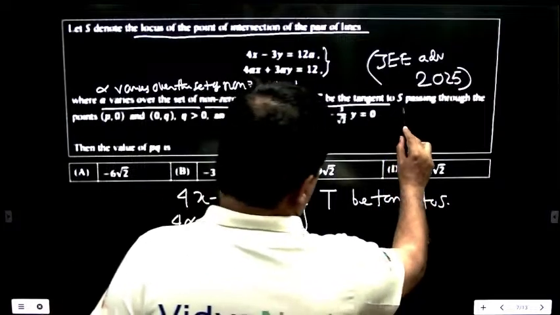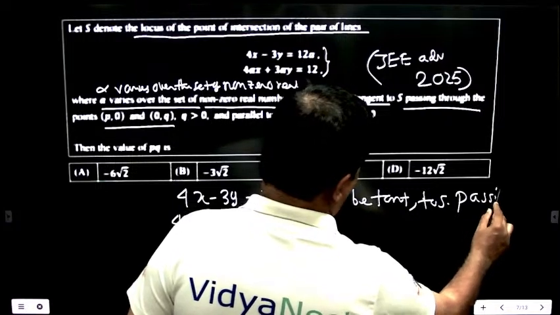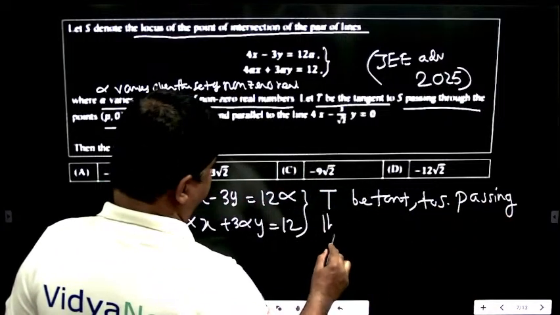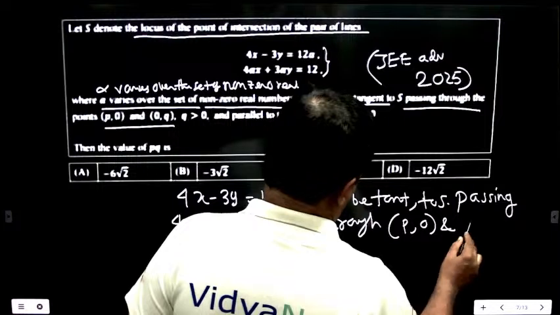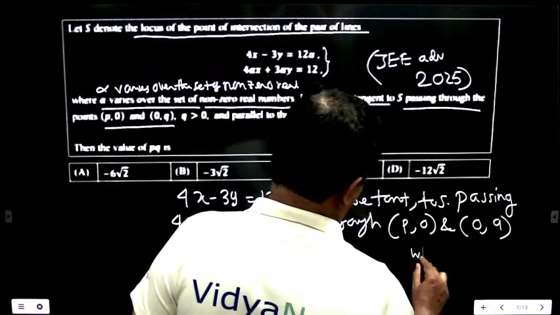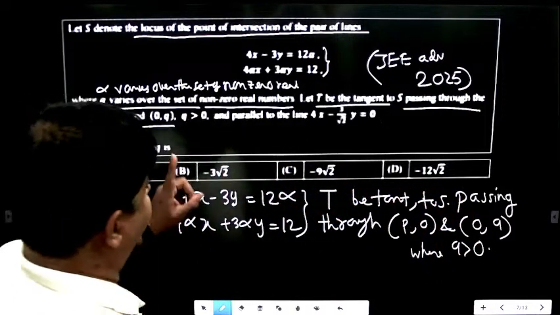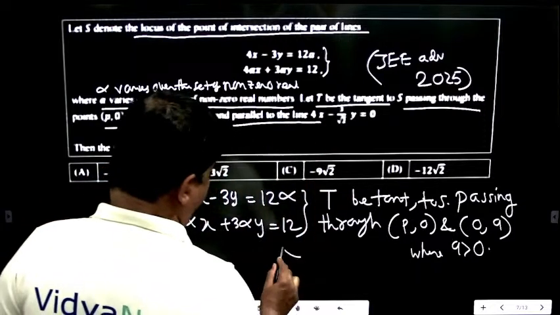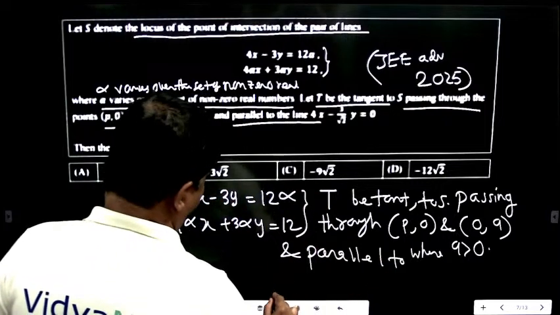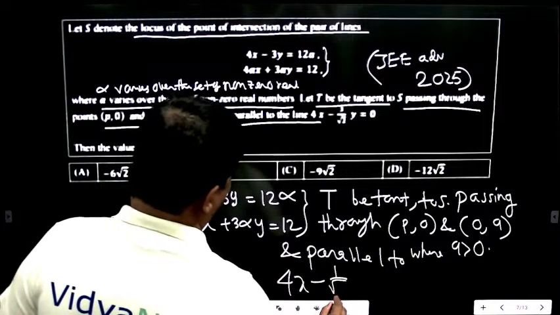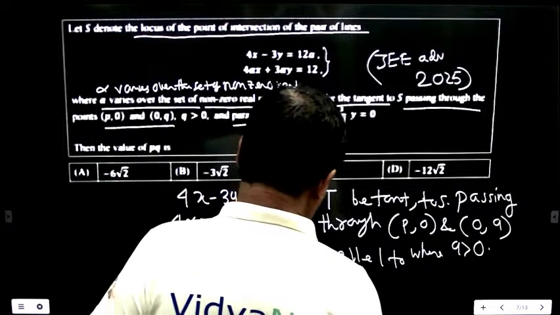And T passing through p comma 0 and 0 comma q, where q not equal to 0, and the same tangent parallel to 4x minus 1 by root 3 y is equal to 0.